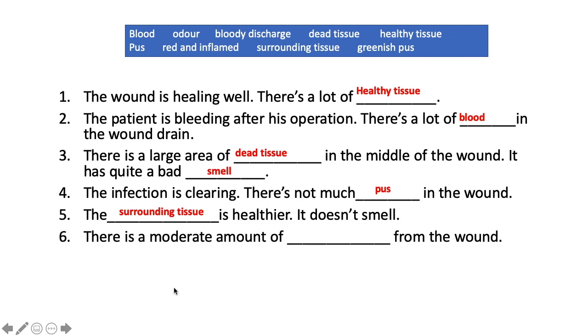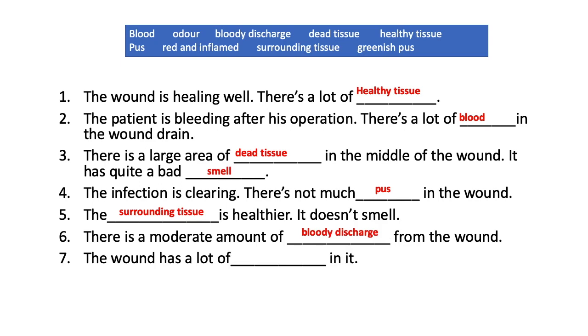Number 6, the sentence says, there's a moderate amount of blank from the wound. There's a moderate amount of bloody discharge. We saw this in the last slide. Number 7, the wound has a lot of greenish pus.